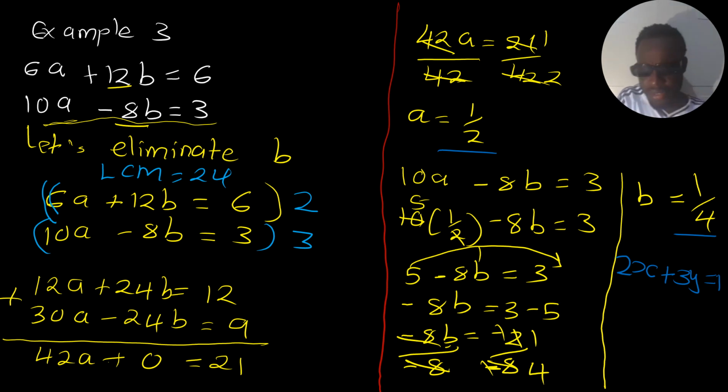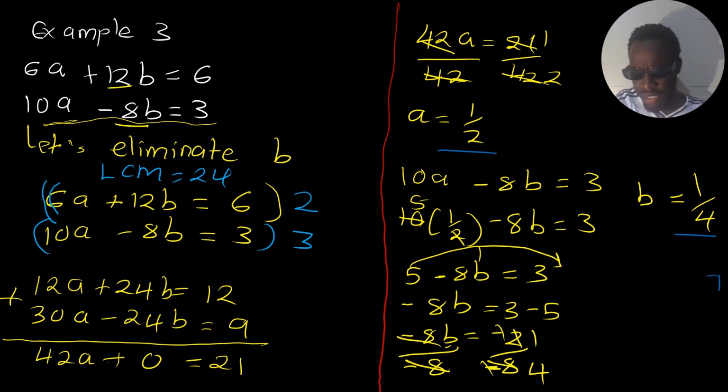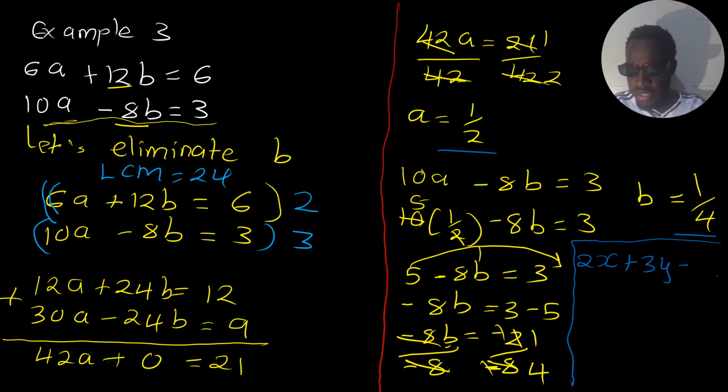Sorry for that. 2x plus 3y is equal to 16. x plus y is equal to 6.